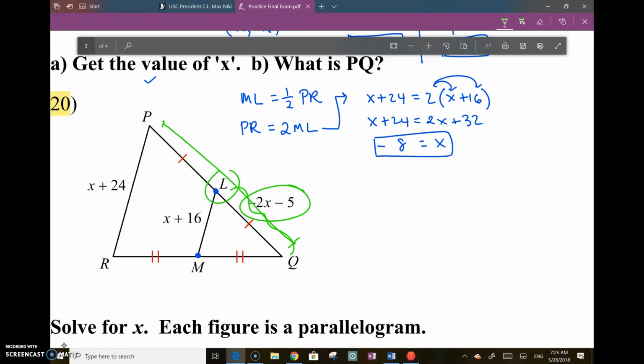And so LQ and PL are congruent. Therefore, if I simply double the value of LQ, I can get the entire length of PQ. That's my master plan. So here I go.